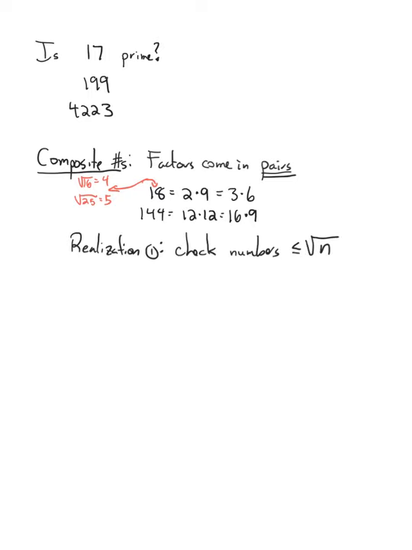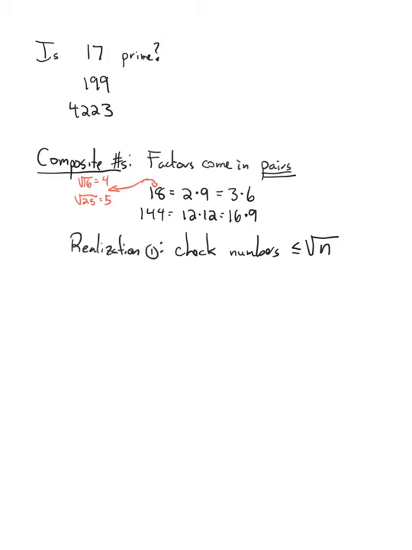If we wanted to see if n was prime, well, we'd only need to check numbers less than or equal to the square root. Because if we get one factor, we know we have the other factor bigger than the square root that pairs with it. So we only need to check numbers less than or equal to the square root of n.